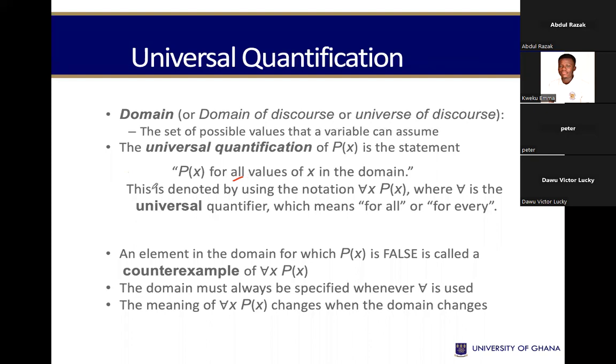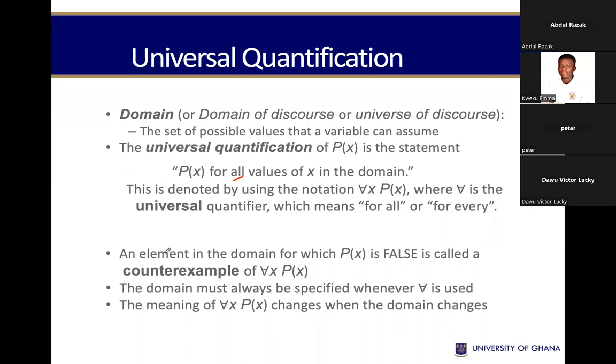Again, this is denoted using the notation, as I mentioned, for all x P of x, where this notation is a universal quantifier, which means for all or for every possible value. An element in the domain for which P of x is false is called a counterexample. Remember, we are looking at universal quantification.